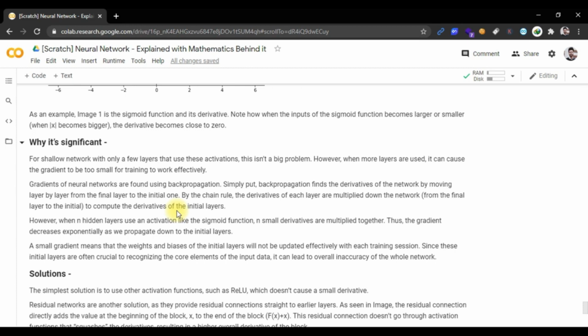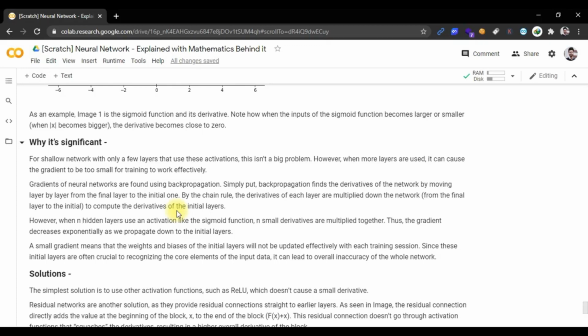But if you have a very big neural network which contains around 6 to 8 or 9, 10 hidden layers, then there is a problem, because gradients of a neural network are found using back propagation.